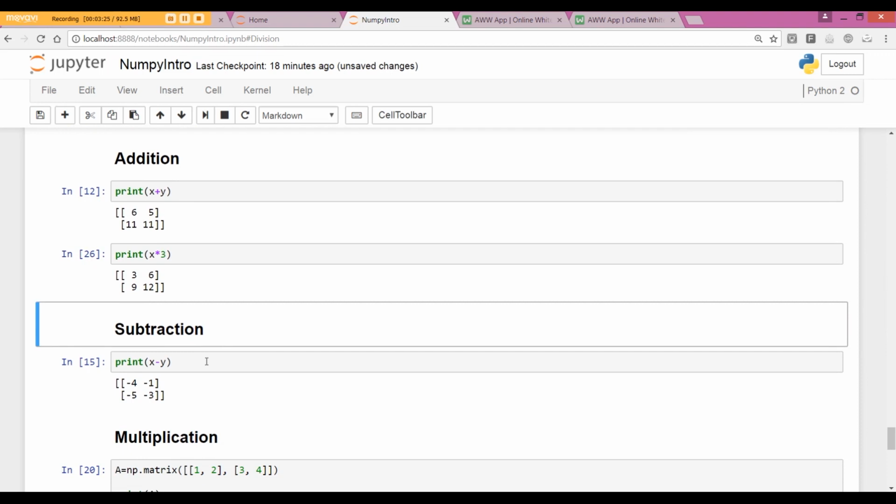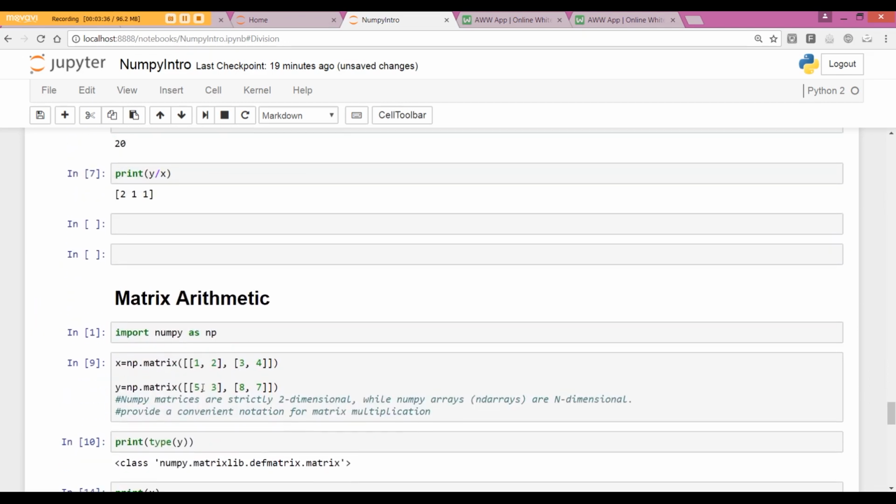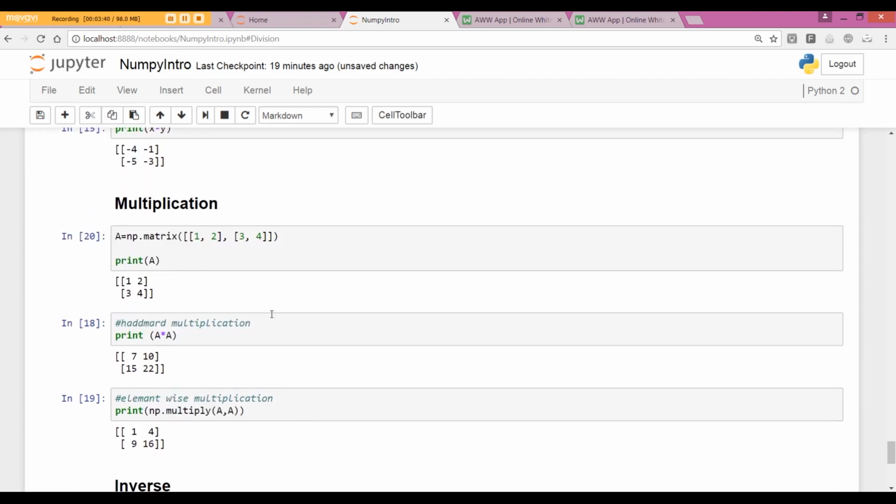The subtraction is also done in an element-wise manner, and you can see x minus y. 1 minus 5 is minus 4, and so on. Now multiplication can be a slightly complex affair, and I've created a very simple matrix A, 1, 2, 3, 4, and this is a 2 cross 2 matrix, which means it has 2 rows and 2 columns.